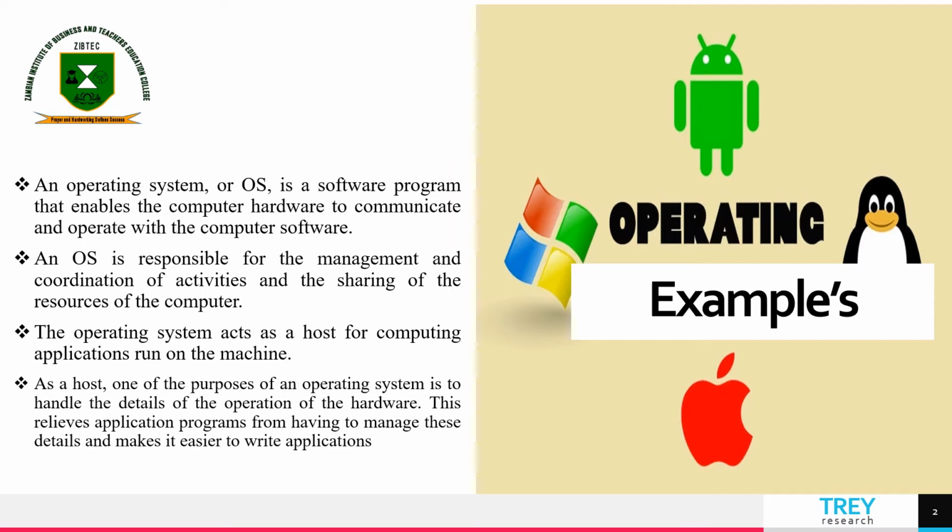Under the Microsoft Windows operating systems, we've got examples such as Windows XP, Windows Vista, Windows 7, Windows 8, Windows 8.1, Windows 10. This year, Windows 11 was recently released on the market.